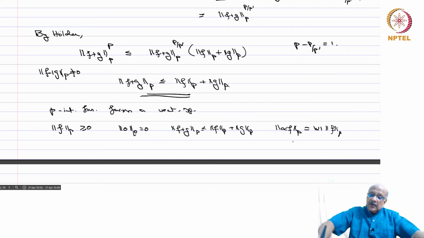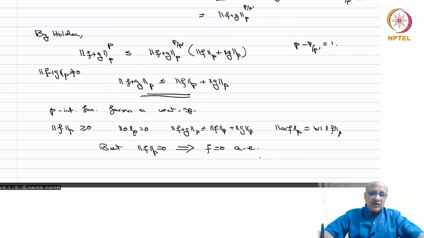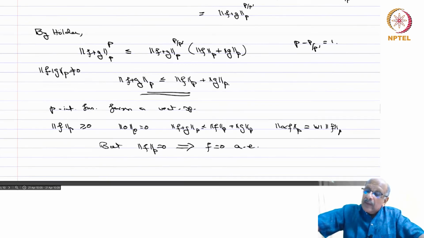So it shows everything similar to a norm, but ||f||_p equal to 0 only implies that f equal to 0 almost everywhere. It is not f equal to 0. So this is the problem. So you cannot make it a norm.